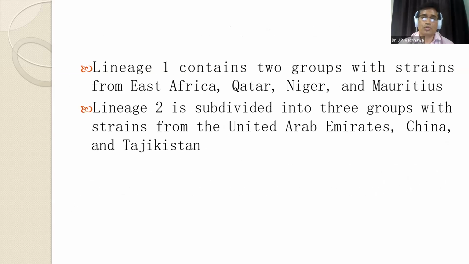Lineage 1 contains 2 groups with strains from East Africa, Qatar, Nigeria, and Mauritius. Lineage 2 is subdivided into 3 groups with strains from United Arab Emirates, China, and Tajikistan.